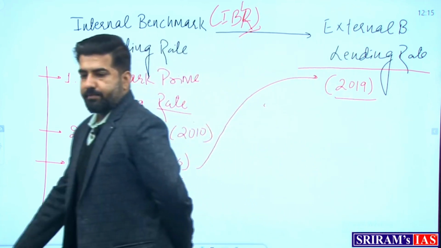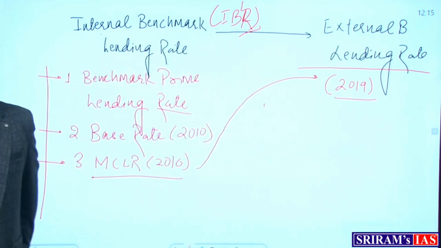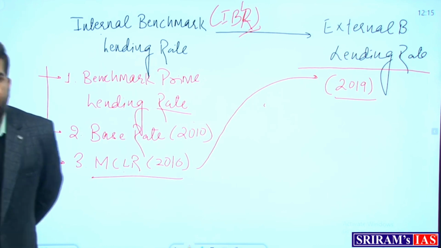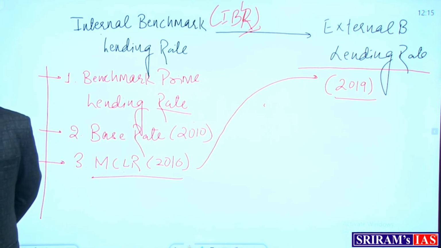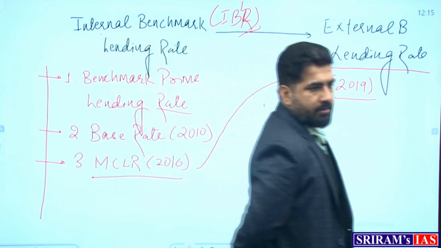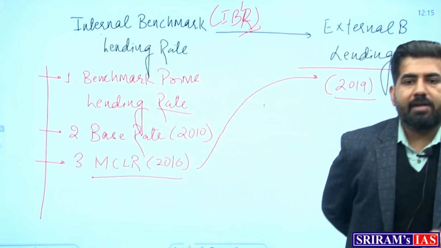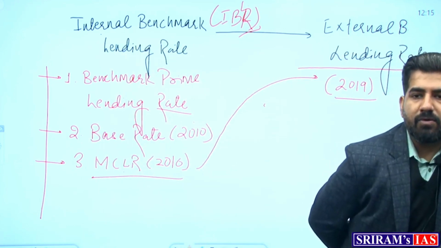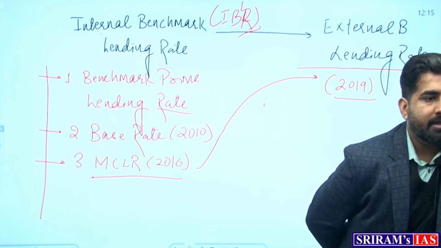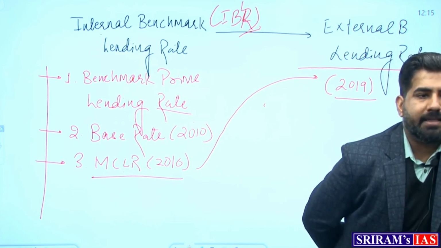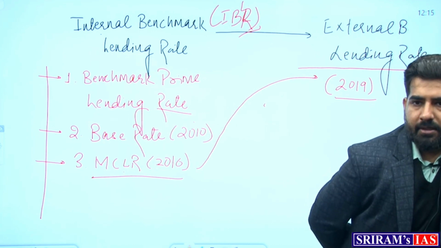Have you studied T-bills? They are part of the money market. So what are treasury bills? Are they zero coupon securities? See, treasury bills are zero coupon securities because they don't give you any interest. Clear?